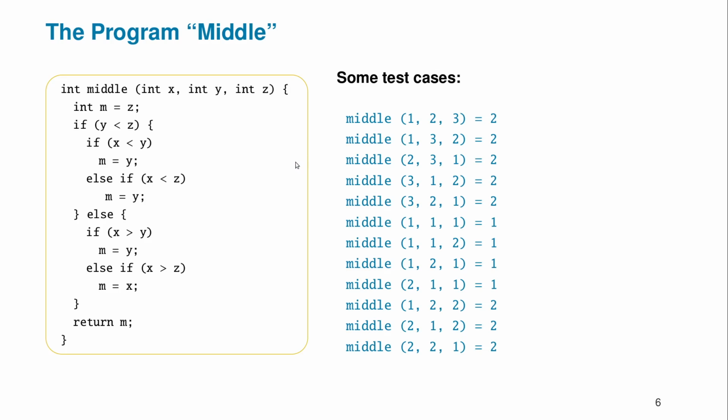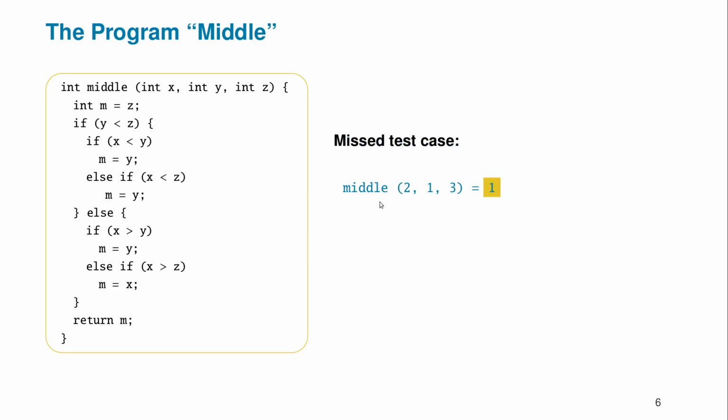And indeed, when you look at the code, it's not so difficult to see that there is a problem. If we use the test case 2, 1, 3, then the program returns 1. And this we do not want to have.